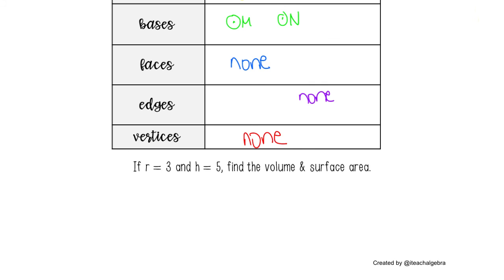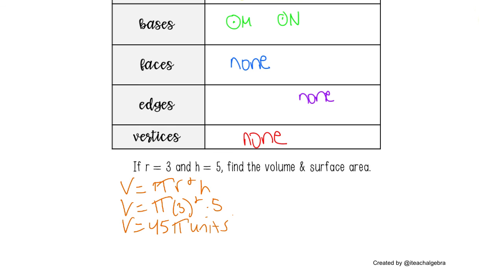So if r equals 3, h equals 5, find the volume and surface area. Volume V, we said above, is pi r squared h. So our volume is pi times 3 squared times 5. So that is 45 pi in units cubed.